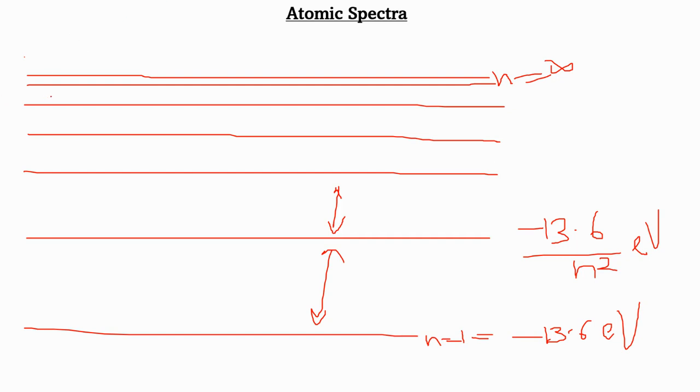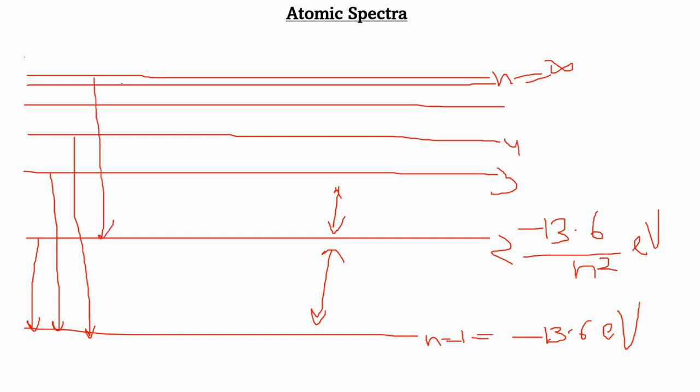We found in hydrogen spectra there are different series. The first series: if the transition occurs from any excited state to the n equal to 1 state, it is called the Lyman series. If the transition occurs from any higher excited state to the n equal to 2 state, this is called the Balmer series.